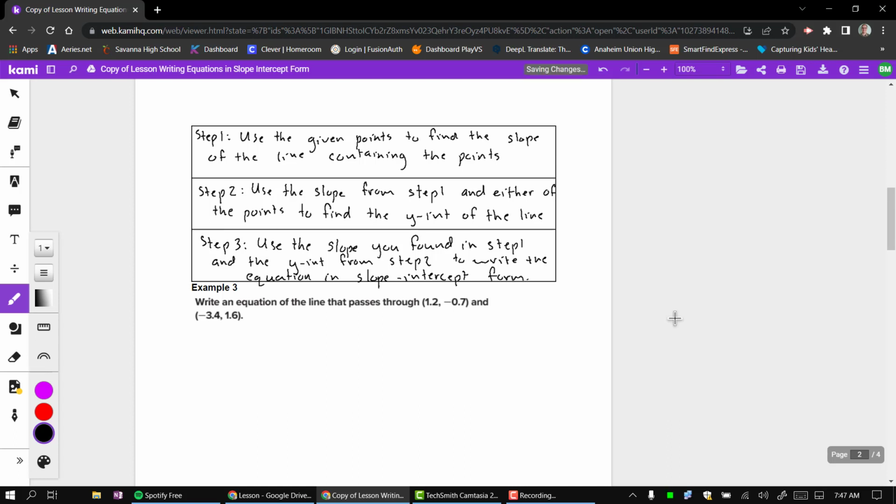Okay, so we're going to use these 3 steps, and just like I have been doing, you'll notice that each step will be its own column.